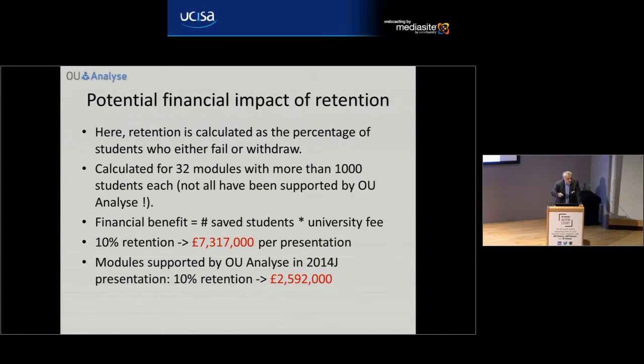I'm still not claiming that we saved $2.5 million, because retention equals prediction plus intervention, and it's a whole system which somehow must respond. But this is just to give you an estimate of what can be achieved, not what has been achieved, what can be achieved.